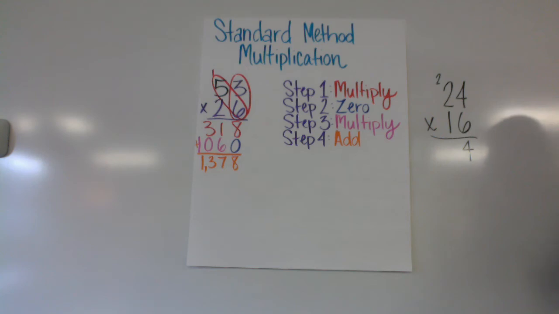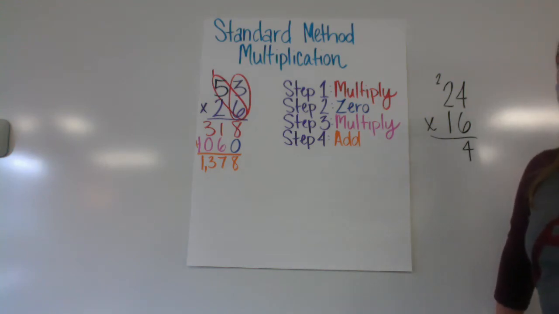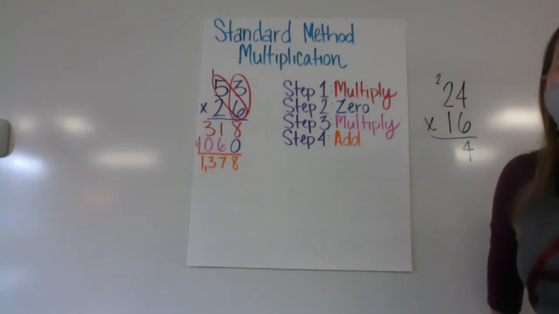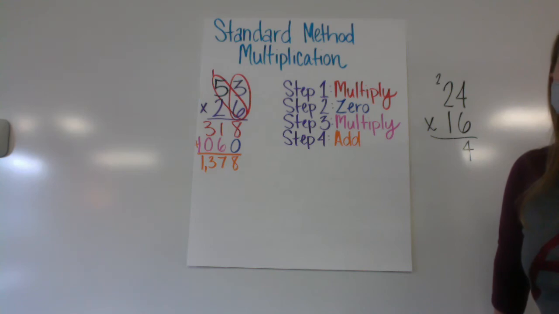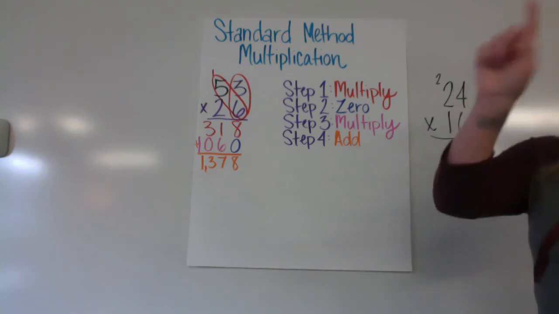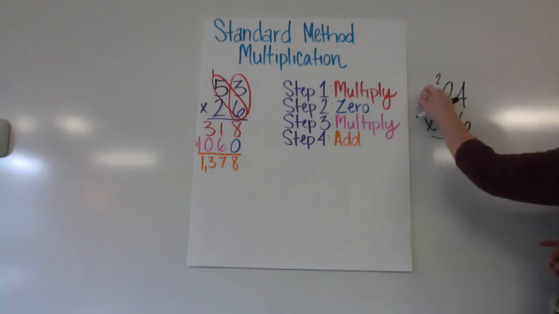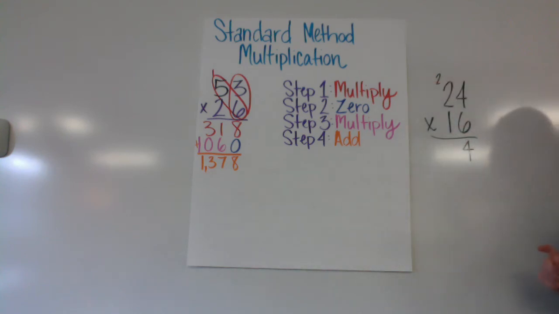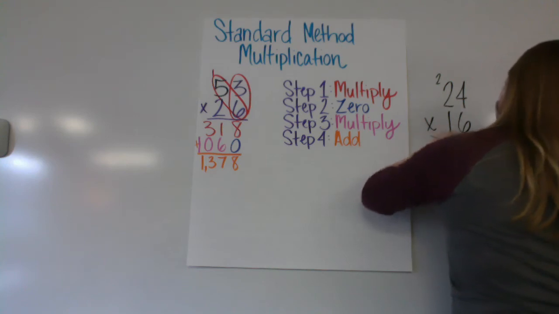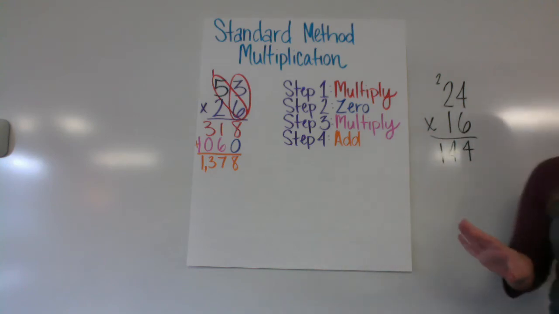Just count by twos. Two, 4, 6, 8, 10, 12. Okay, so it's 12 plus this 2 we had. What's 12 plus 2, y'all? 14, okay? Boom, there was step 1. That's all for step 1.